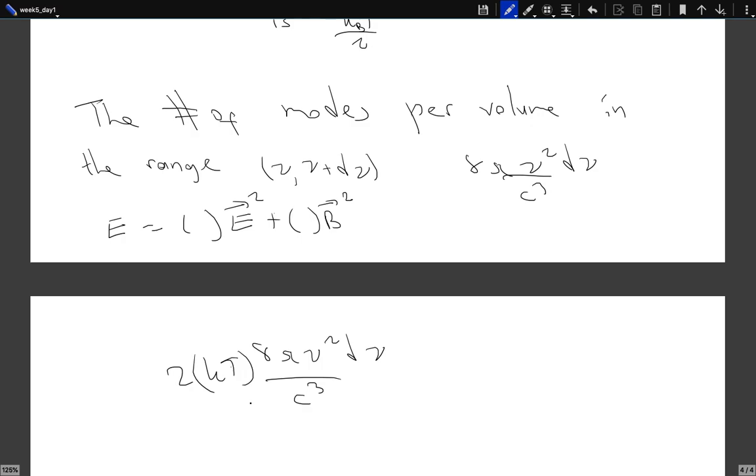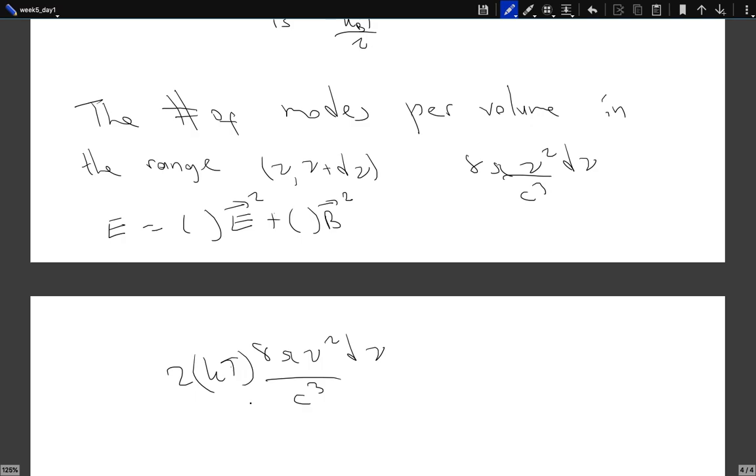The electric field, even if you don't know the direction of propagation, given the direction of propagation, can only point in 2 independent directions. You see, in these number of modes, they are moving in different directions in the cavity. Some of them will be moving like this, some moving up and down, some at various angles.